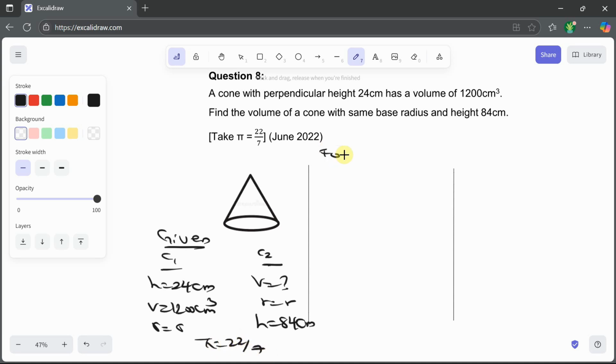For cone 1, we know that the volume is 1 over 3 pi r squared h. You should know that at the back of your finger now. That will be 1200 is equal to 1 over 3 times 22 over 7 times r squared times the height, which is 24. So 3 goes into 24 eight times.